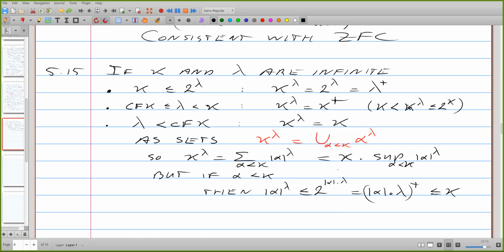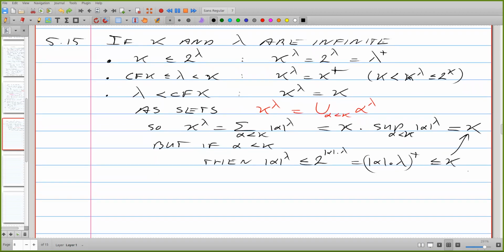So this product is equal to kappa because all the individual cardinals are less than or equal to kappa. That means the supremum is at most kappa. So the product is the maximum of the two, which happens to be kappa. So life is easy with GCH.